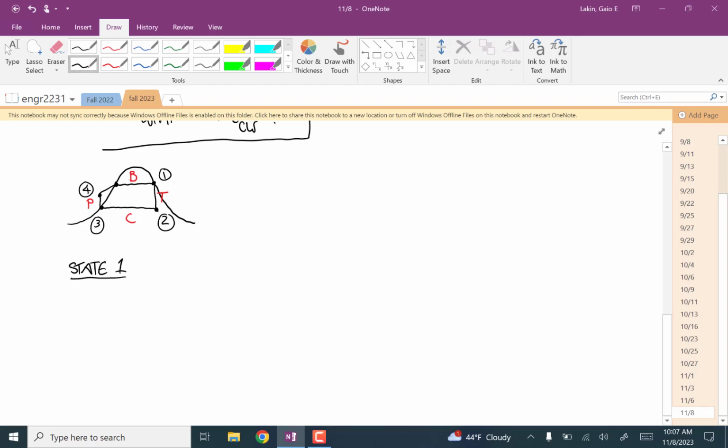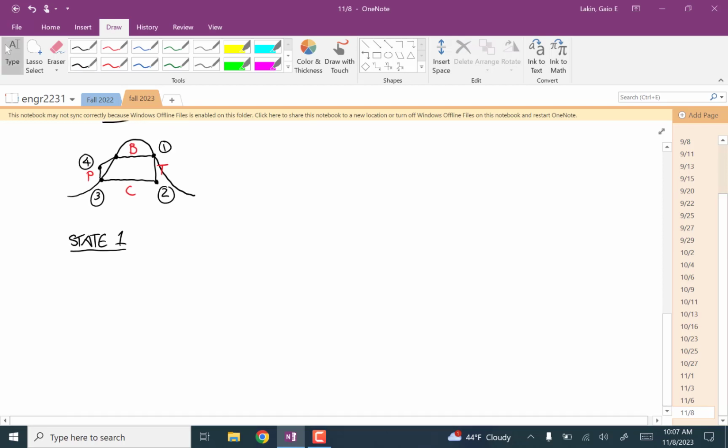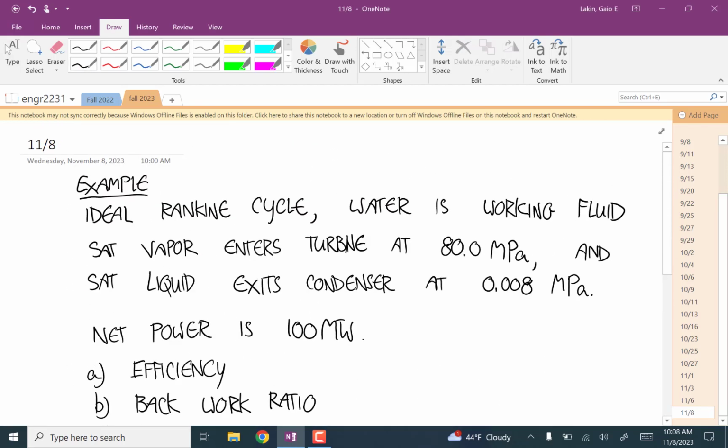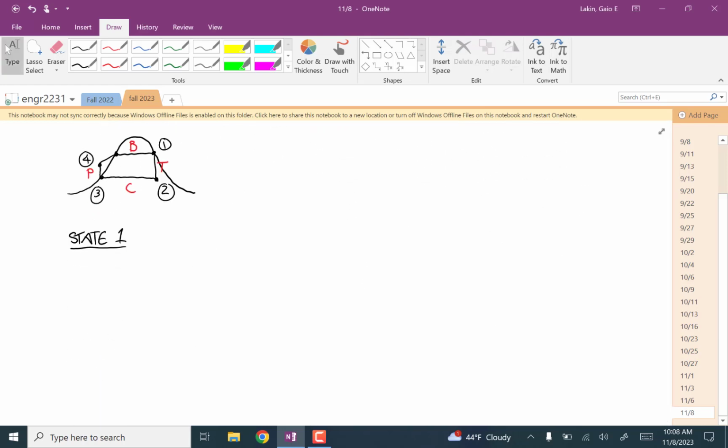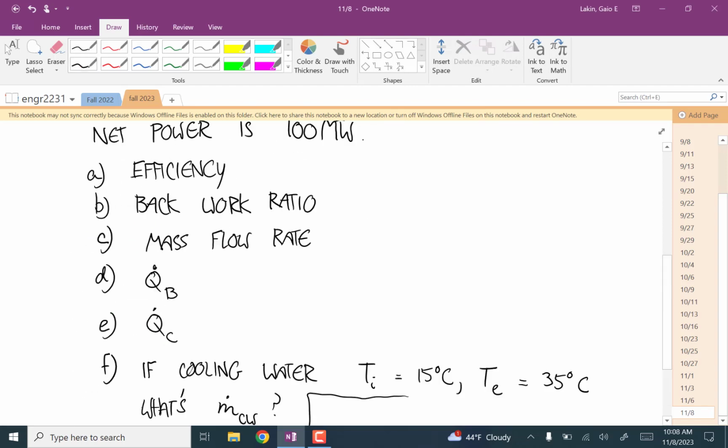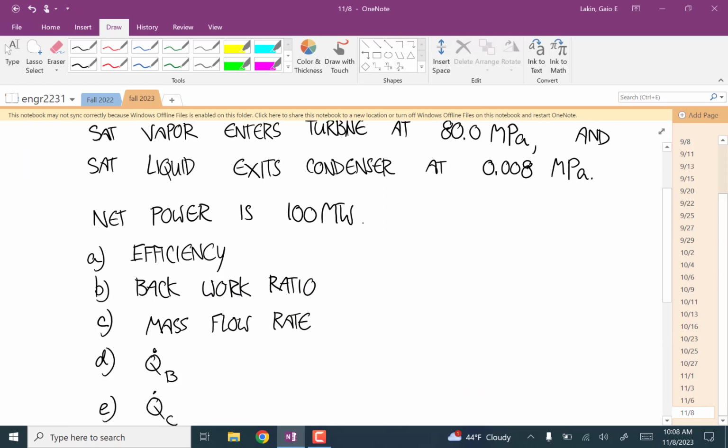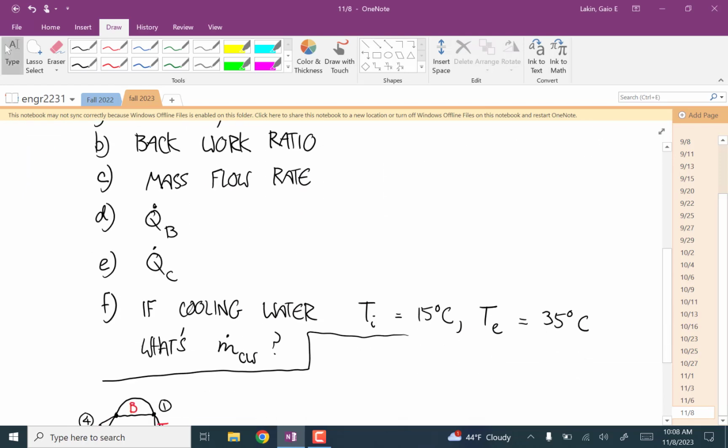So state 1, going into the turbine, we know that entering the turbine, okay, we know it's saturated. We know that the pressure is 8 megapascals. What? Wasn't it 80? Yeah, 8.0, I think. 80, you're right. I think I might have written it down wrong.